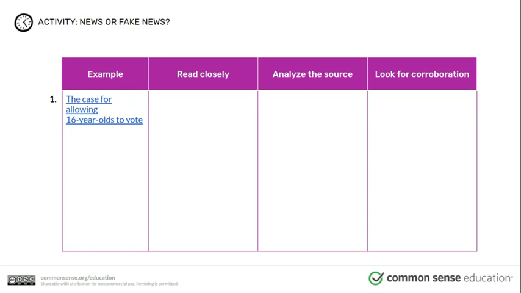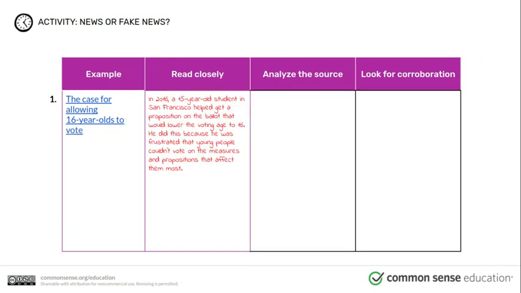Okay, now that we've read the article closely, we're going to start evaluating it. The first thing is that when I read the article, we came up with a main idea. And the main idea is, in 2016, a 15-year-old student in San Francisco helped get a proposition on the ballot that would lower the voting age to 16.